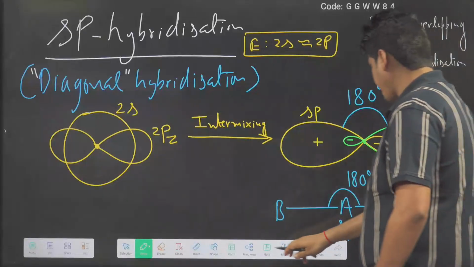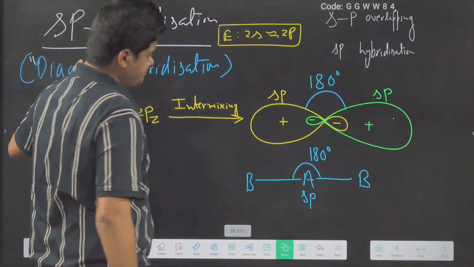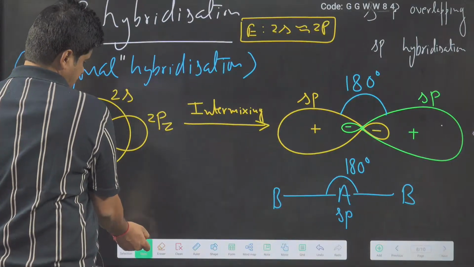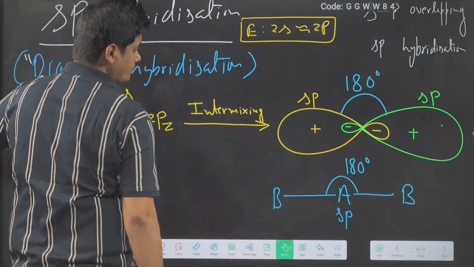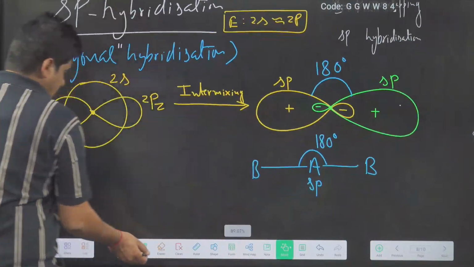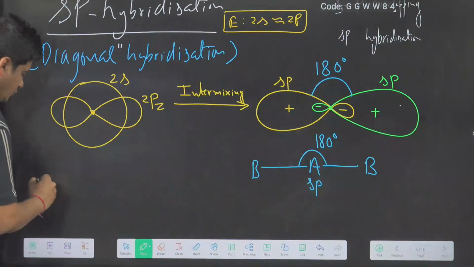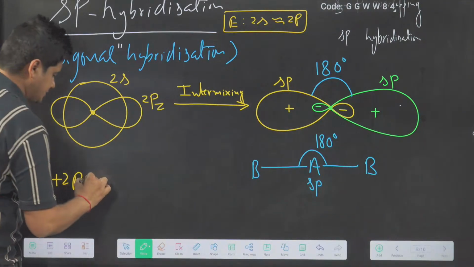And in sp hybridization, if it is 2s and 2p, so I am writing like this: 2s and 2p are going for sp hybridization.